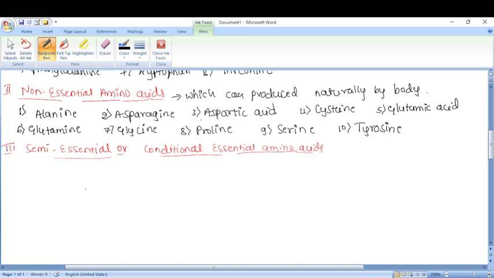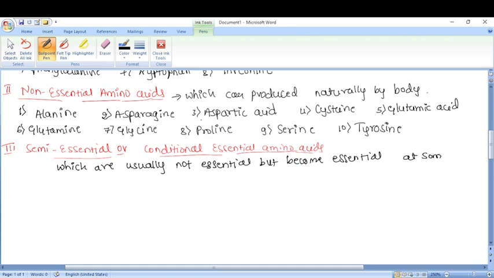Semi-essential means these are the amino acids which are usually not essential, but become essential at some times, like disease condition or in a stress condition.